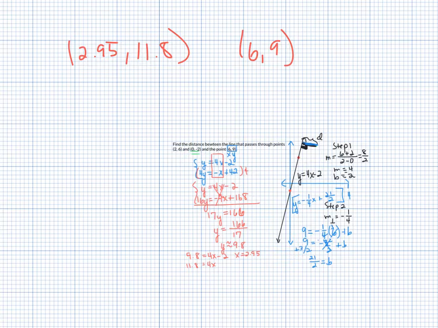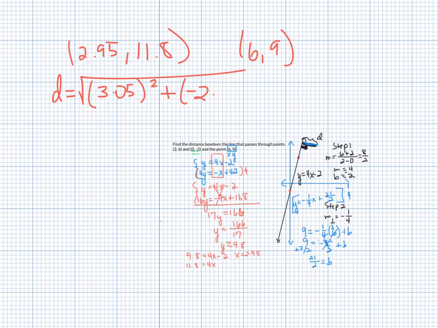So I'm going to say that d equals the square root of (6 - 2.95), which is 3.05, squared, plus (9 - 11.8), which is -2.8.